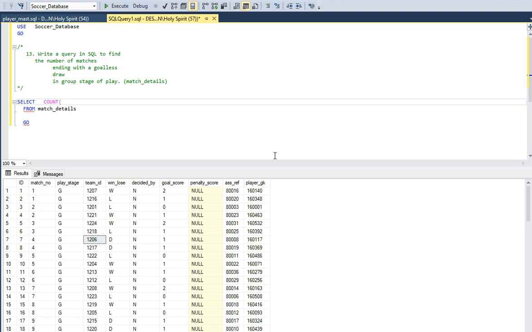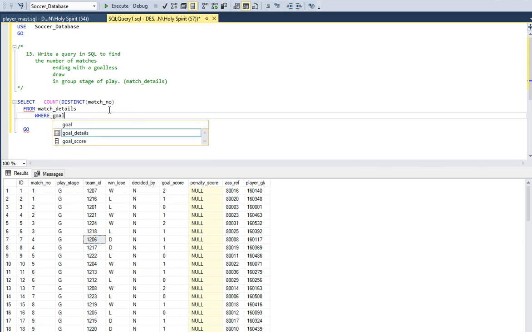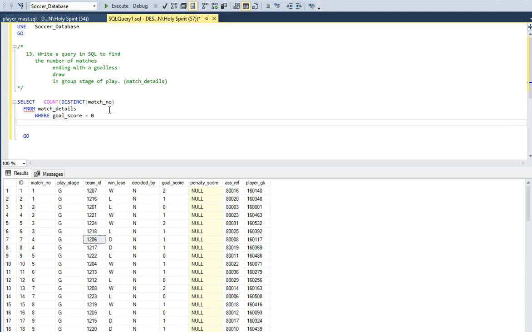So let's say count distinct match number from match details, where goal score is equals to 0. You know, in where condition we use or and.